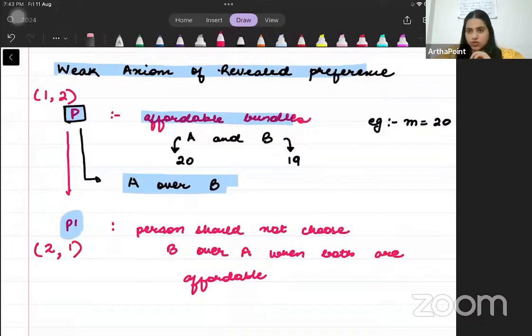If both bundles are still affordable, agar ye dono bundle abhi bhi income level mein aate hain, you can still consume these two bundles, then the consumer should not alter his preferences. If earlier he was choosing A over B, he should never choose B over A. This is what WARP is saying.